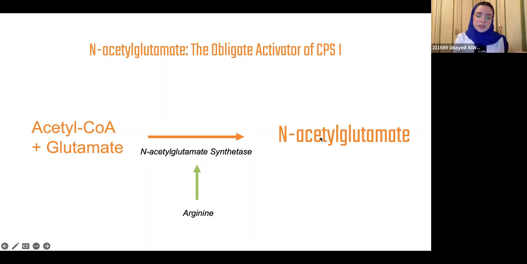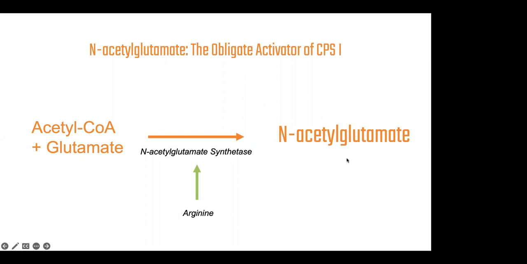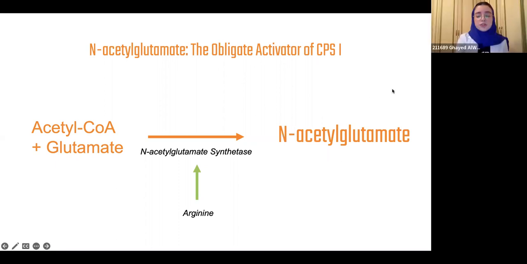It won't be exactly word for word, but it's the concept that they're asking you about. So they want you to know that in order for us to have N-acetyl glutamate, we require arginine, because arginine is going to activate the enzyme. Cool. Makes sense? Yeah. Okay. There's a question at the end, so you'll get a feel of how it would be like.